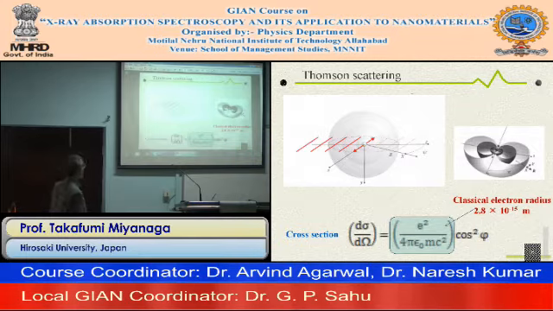That means it has a dimension of length squared. It is about such values, and it depends on the cosine of phi. It means the Thomson scattering has a shadow in these directions. So there is none at 90 degrees to the direction of the X-rays.